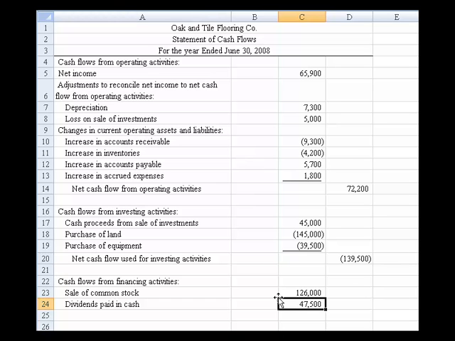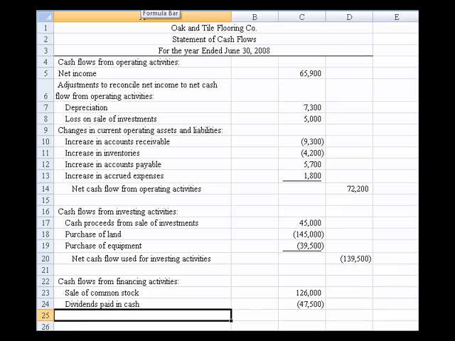And right now I'm going to show this as a negative amount, just because that's how I prefer to do it. Some people might say less payment of dividends, but I'm just going to show it as a negative amount, and I'm going to add the title, Net Cash Flow Provided by Financing Activities.